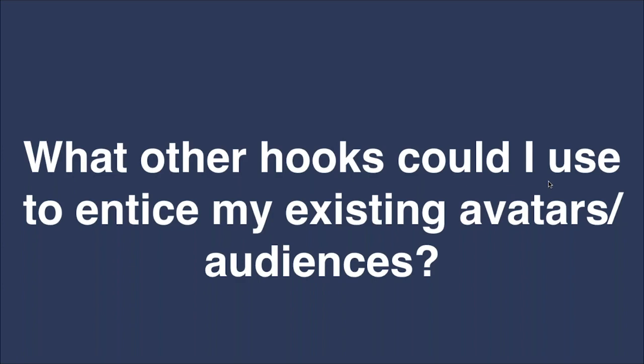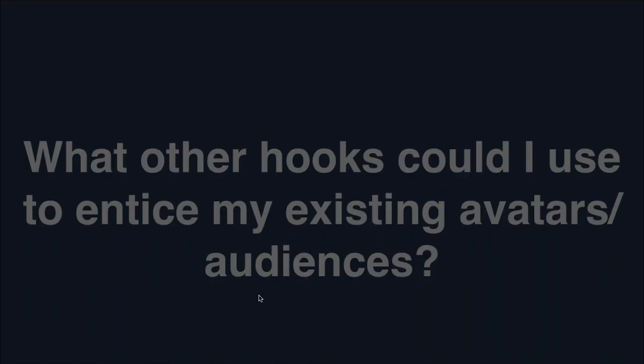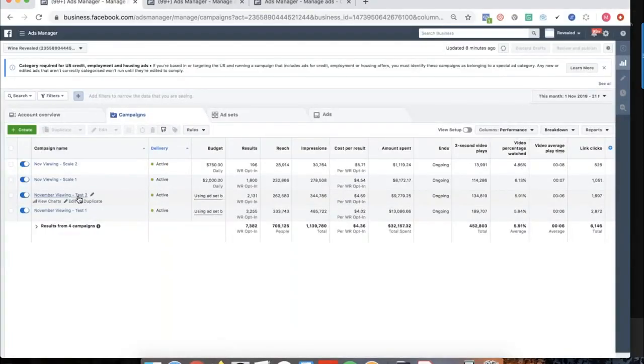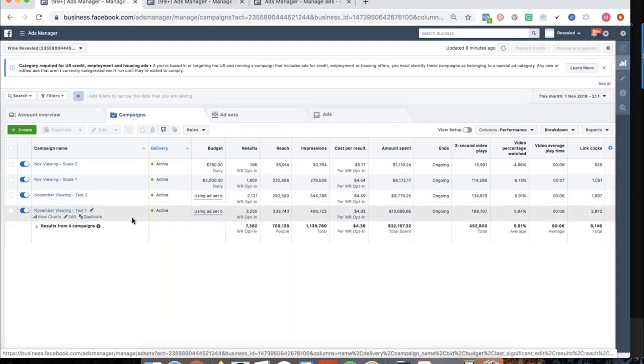This is really huge too. And this is more about, okay, once a test campaign fatigues, so let's say we've got these 2 campaigns, which both have ad sets within them that are targeting cold audiences. What happens once both of these fatigue? Well, something that we could do is duplicate them and target those same audiences with completely new ads, because the ads that we've currently been using here have obviously fatigued.